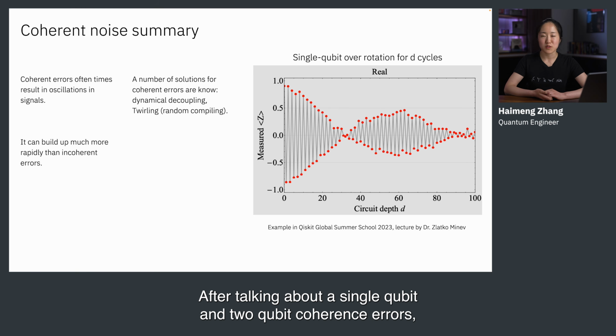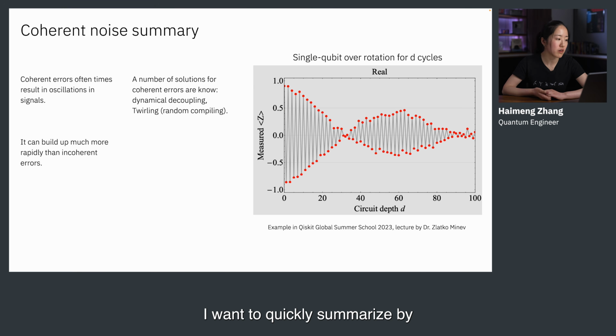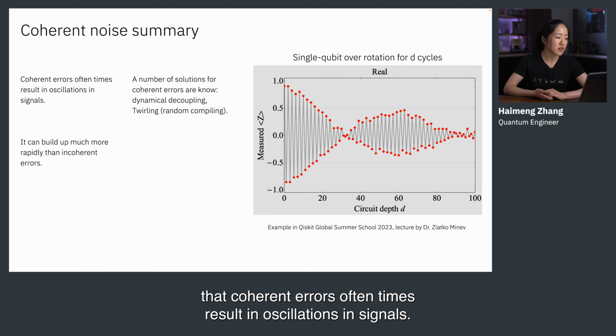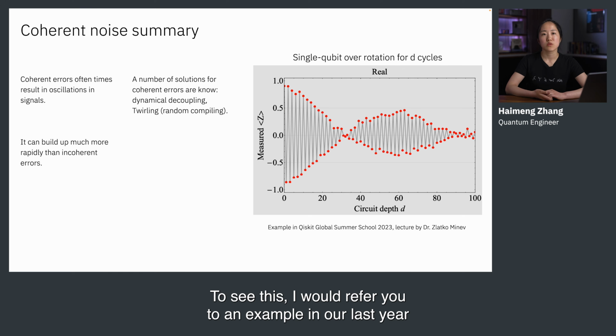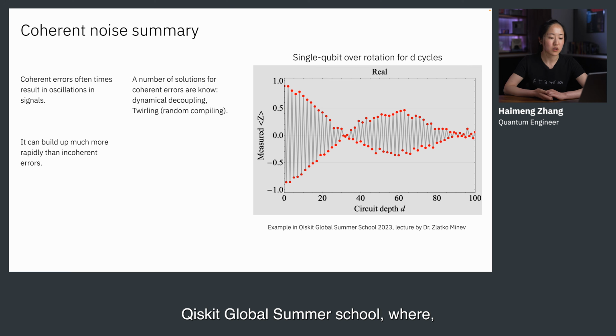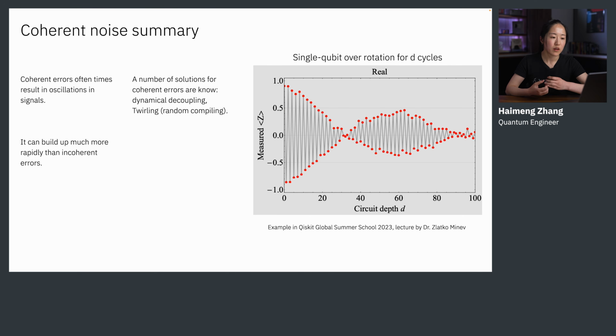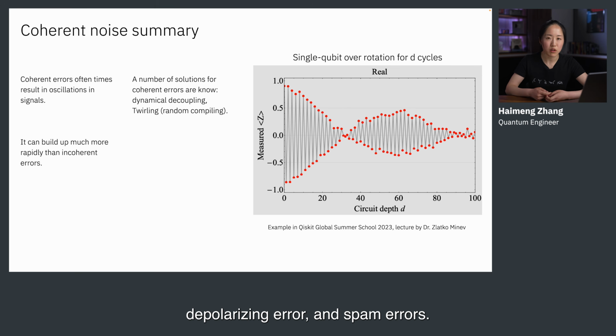After talking about single qubit and 2 qubit coherent errors, I want to quickly summarize by an observation that coherent errors oftentimes result in oscillations in signals. To see this, I would refer you to an example in our last year's Qiskit Global Summer School, where we look into a case in simulation to take account of single qubit over-rotation error, depolarizing error, and SPAM errors.